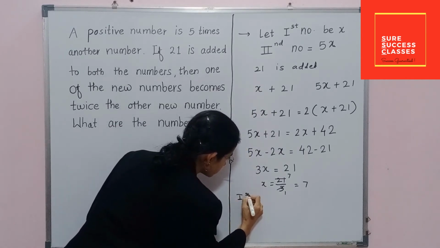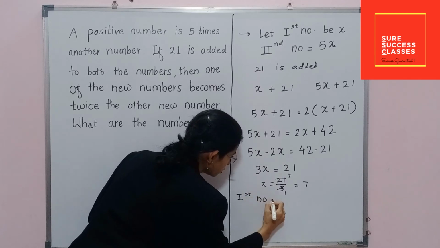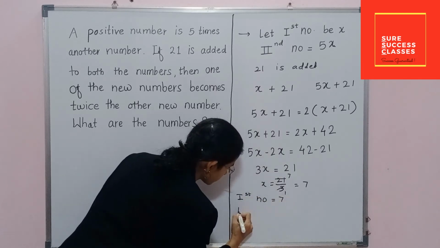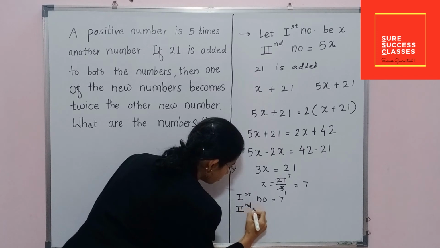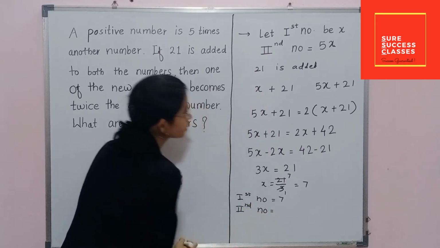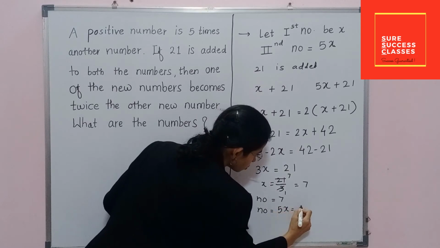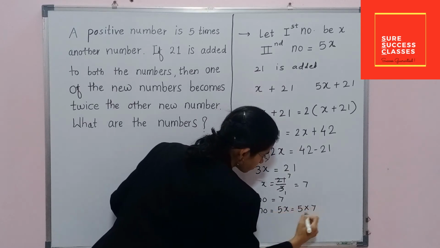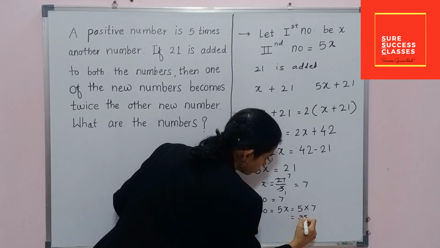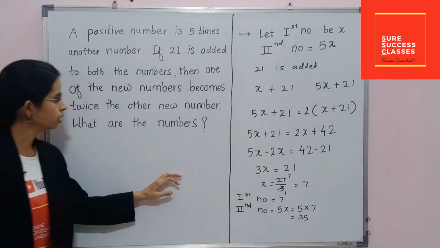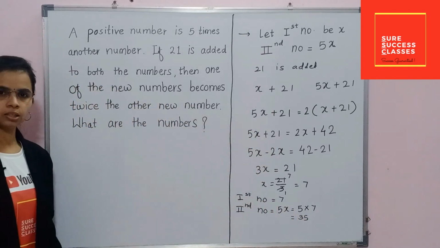First number is 7. Second number is 5 times the first number. So 5 into 7, we will get 35. Means the numbers are 7 and 35.